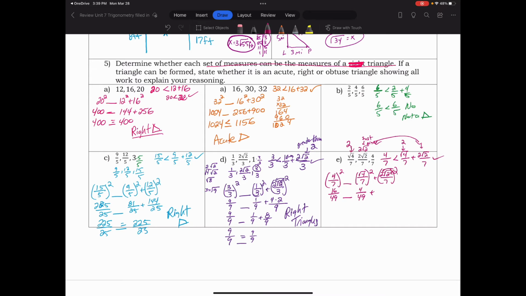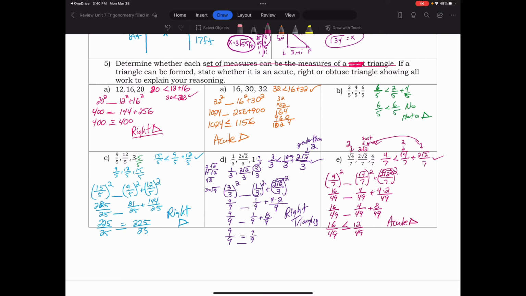So that's 2 squared is equal to 4, and radical 2 squared is 2/49. That's 16/49, 4/49, and 8/49. So I have 16/49, 12/49. I know that that is less than, so that's going to be an acute triangle.